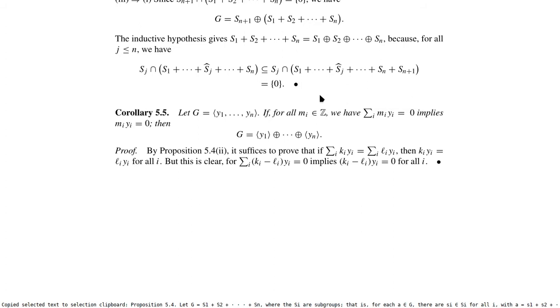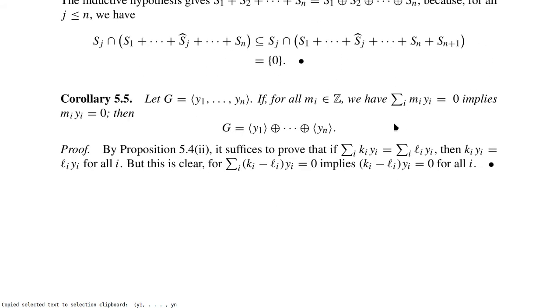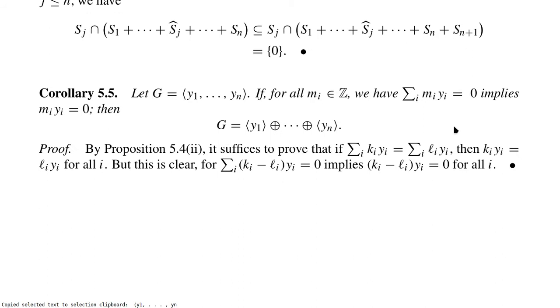The corollary that you have from this is, if you have G as the group generated by these n elements y_i, then for all integers m_i, the linear combination of these integers with the y's being 0 implies that each of these products is 0, right? If you remember linear algebra, this looks a lot like linear dependence.